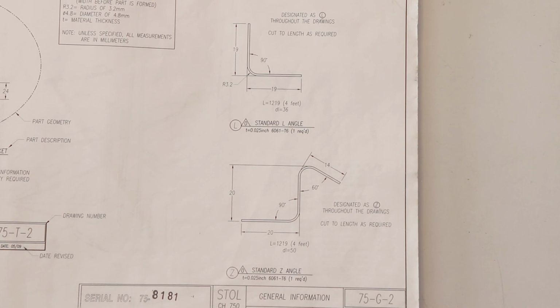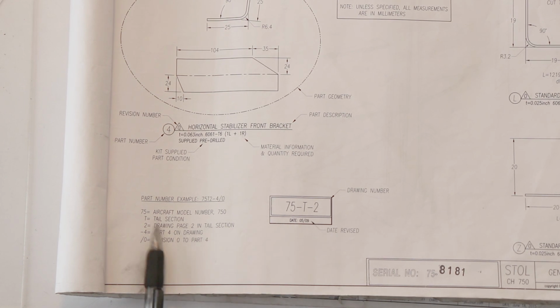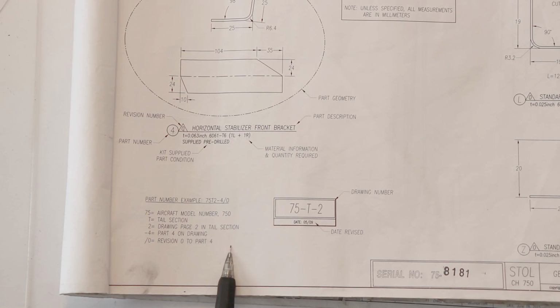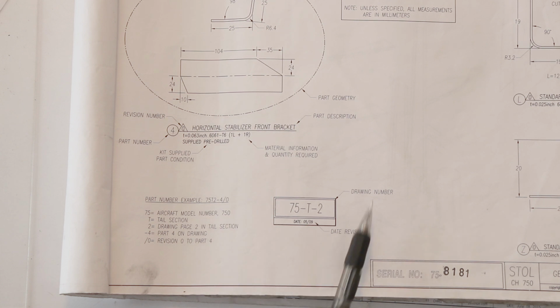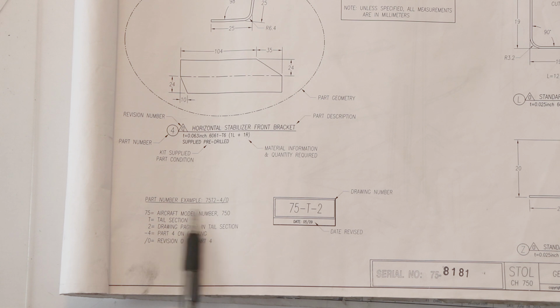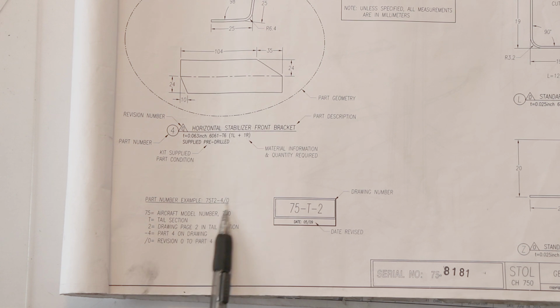So this is Zenith telling us how to read their blueprints. So they've got some more information off to the left here that basically shows you their rhyme and reason on how their parts are denoted, what the drawing number is, the revision date. The part number example 75T2-4/0 means the aircraft model is the 750, in this case the STOL.